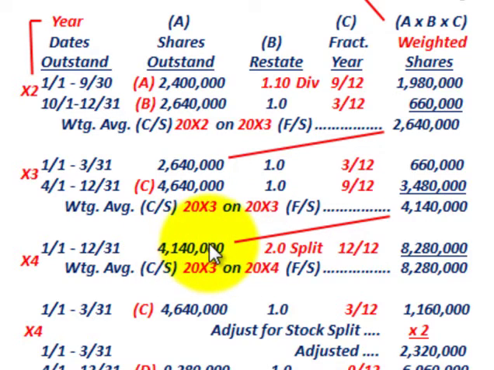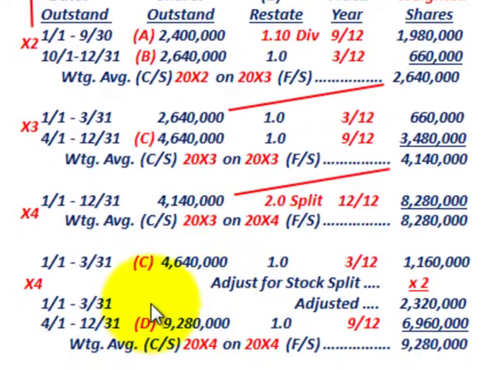So twice, our restating fraction because of the 2-for-1 split, times the weighted average from 20X3, the total year, 12 of 12 months, and we come up with 8,280,000 shares. That's how we'd restate 20X3 on the 20X4 financial statements.